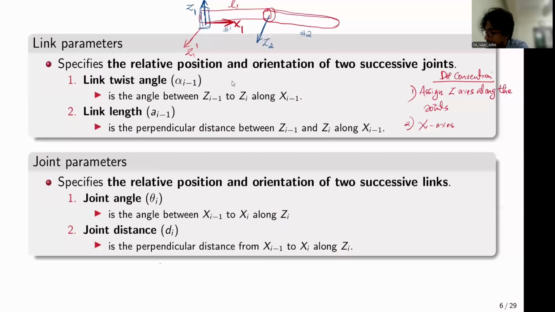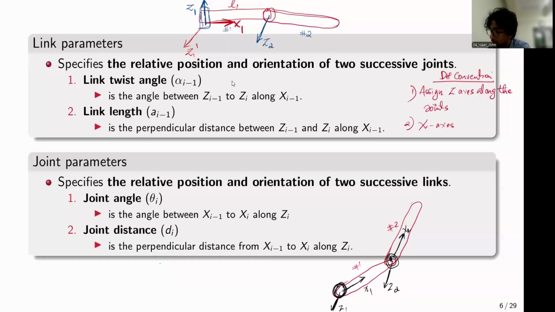So I'll give one example. If you have two joints like this, two links like this, right? So I'll attach one coordinate frame for link 1 at its end, like so. So maybe I'll denote this to be x1, and z1 denotes the rotary axis that is coming out of plane. So this is z1. And for the second link, x2 would be along the link length, and z2 again will be out of plane.